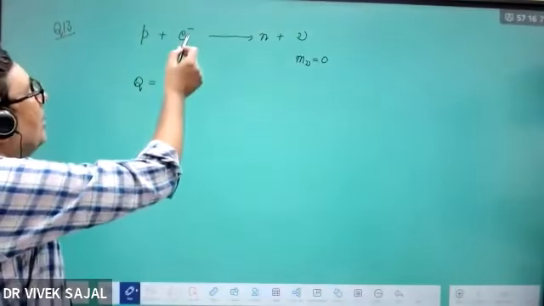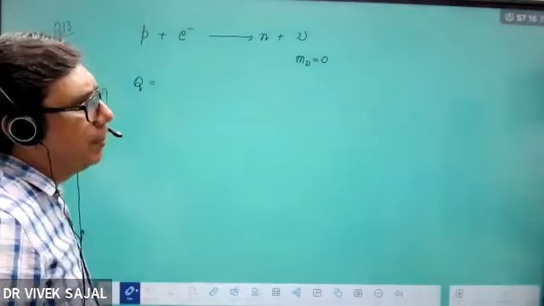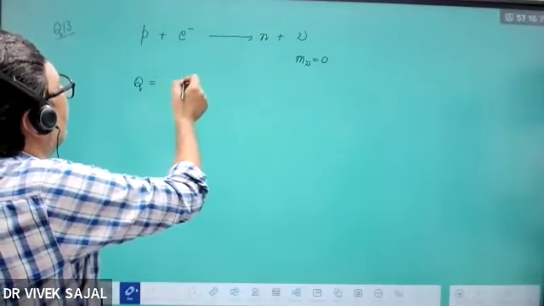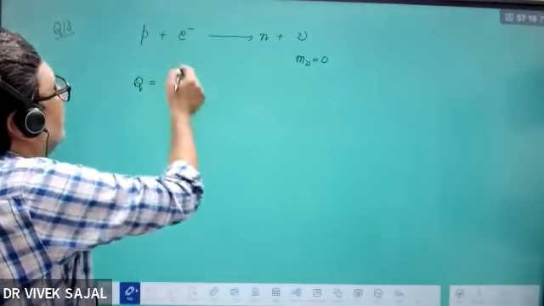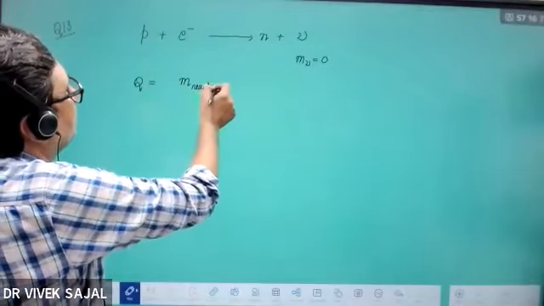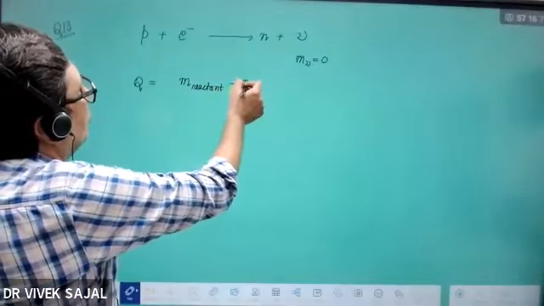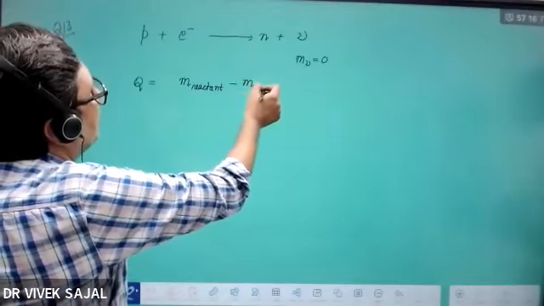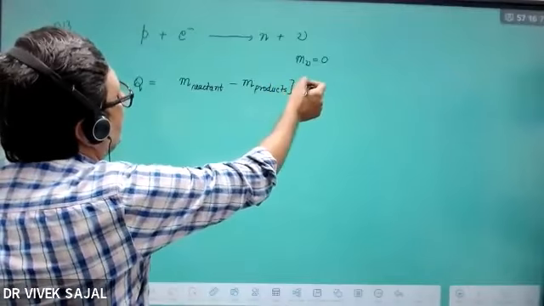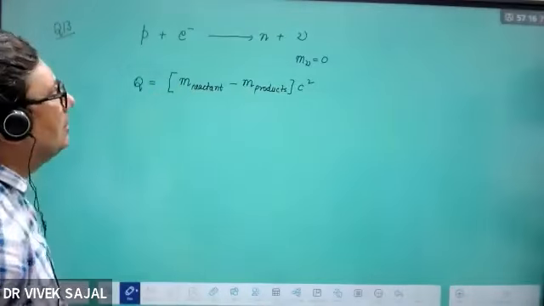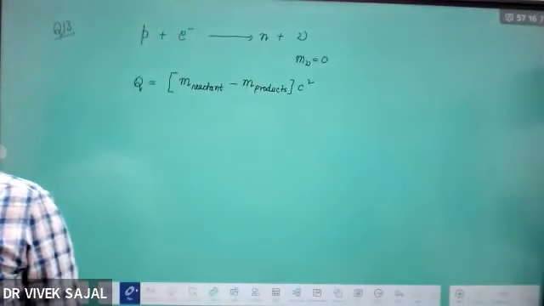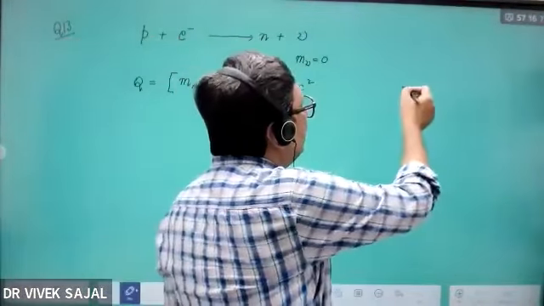It will be the mass of reactants minus total mass of products, multiplied by c square. So how much energy will be released in this process? Whatever mass is lost. So here I have used a very simple formula for energy released.